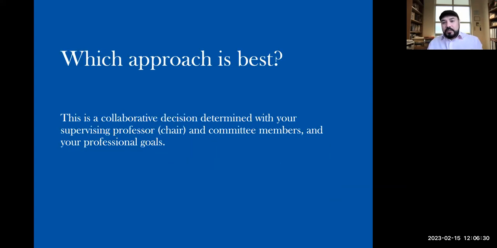So what is the best approach for you? Well, again, depending on where your degree is housed here at UTSA, this is a collaborative decision determined with your supervising professor, with your chair and the committee members, and ultimately your professional goals. Why are you here at UTSA pursuing this doctorate degree? So which of these approaches will best commit you on that trajectory towards ascending in your professional goals, right?